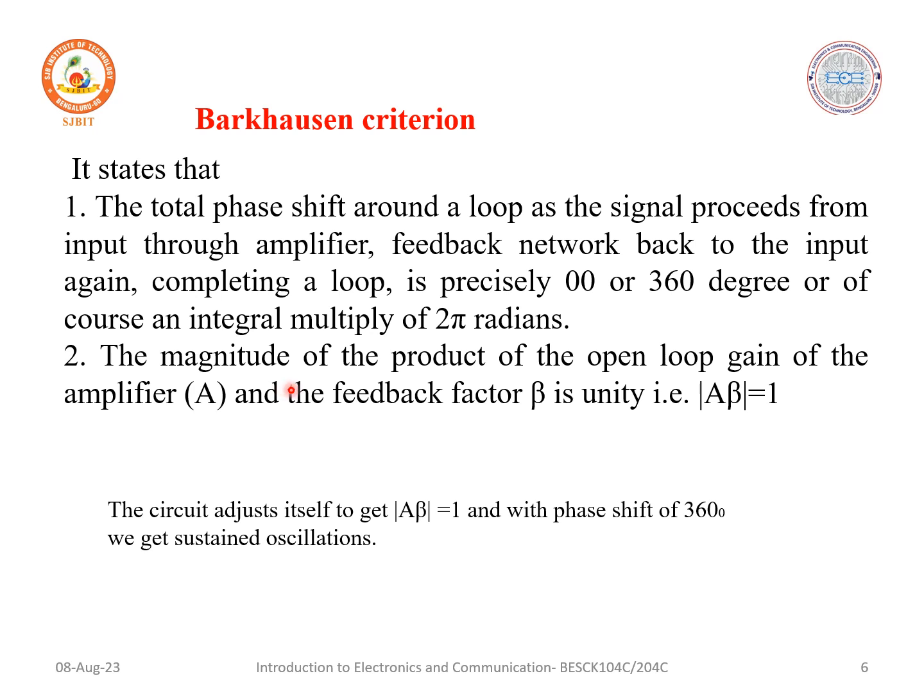The conditions for oscillation are, first, the feedback must be positive. That is, the total phase shift around the loop, as the signal goes from the input to the amplifier and through the feedback network back to the input again, completing a loop, is precisely 0 degree or 360 degree, or an integral multiple of 2 pi radians.